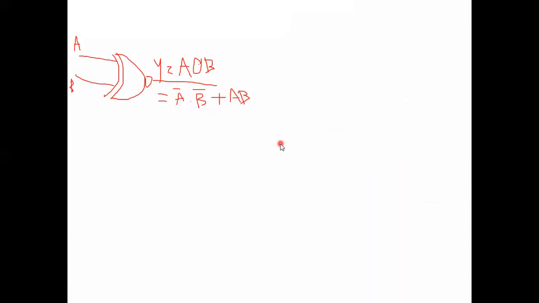So now take the truth table for this. How to draw the truth table here? Here A, B, two inputs are there. Four combinations: 0 0, 0 1, 1 0, 1 1.